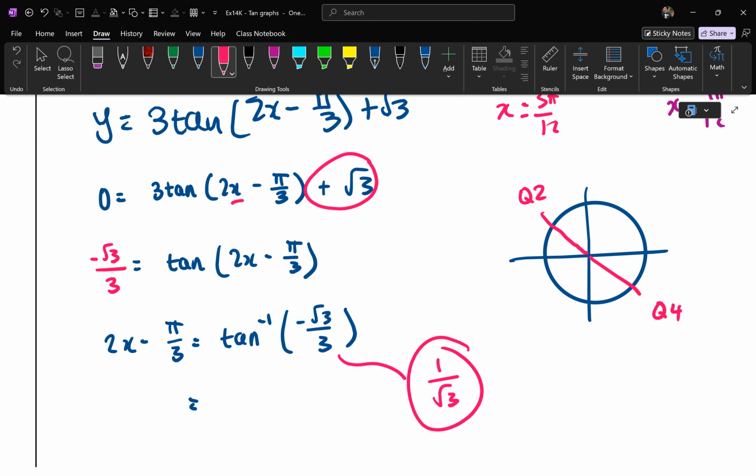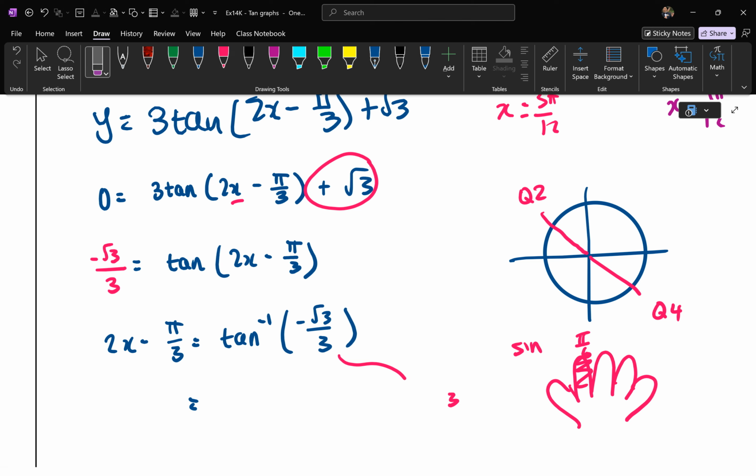Can't have 3 sine fingers and 3 cos on the bottom unless you have 6 fingers. So sine needs to be on the top. The only finger that works out that you have 1 sine finger is 0.6, which is 30 degrees. So I now know the base angle or the reference angle.